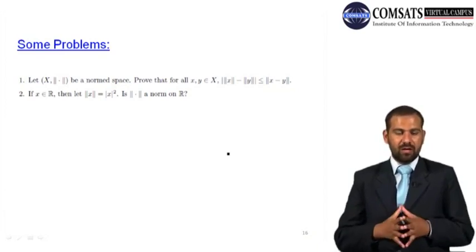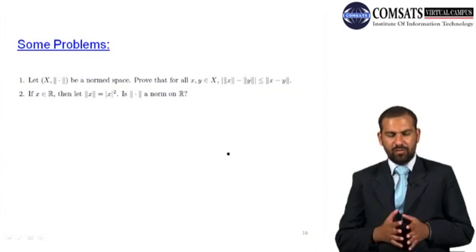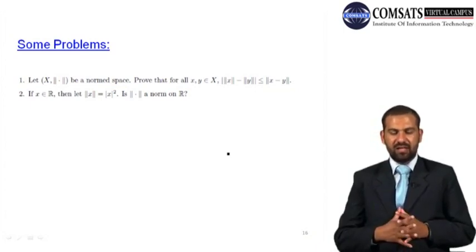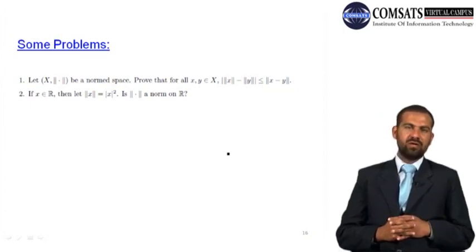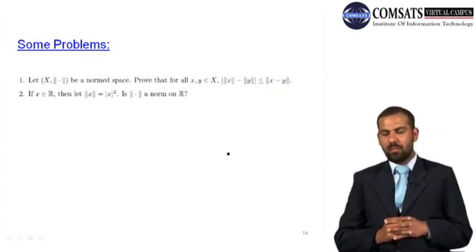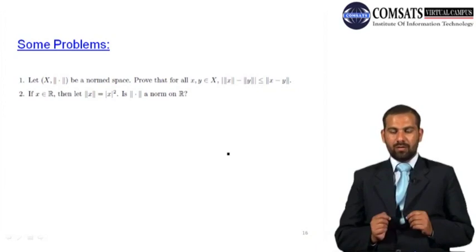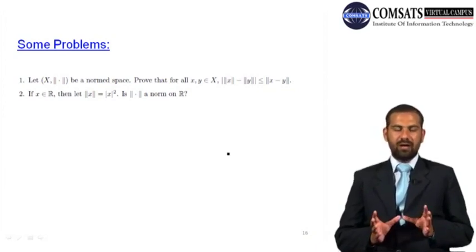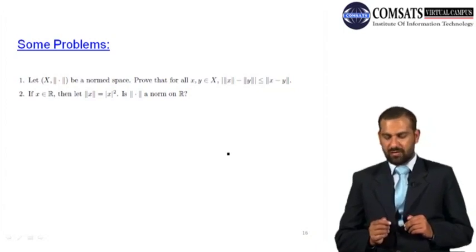For my first problem: if you have X with a norm, a normed space, meaning any norm defined on it, you can prove that the absolute value of norm of x minus norm of y is less than or equal to the norm of x minus y. You can apply the properties of mod and norm to prove this inequality.